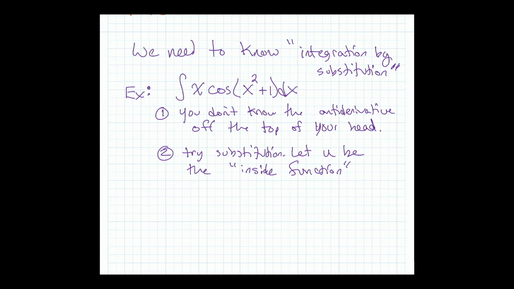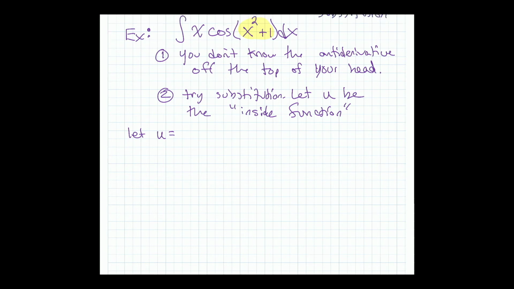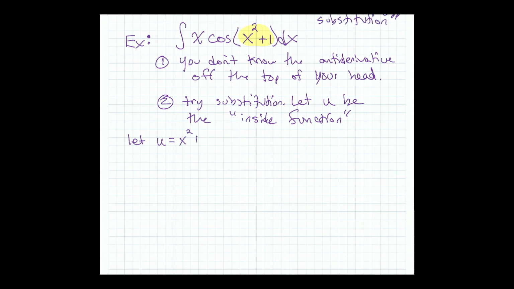If you look at what we have here, you should realize that this part is inside of the cosine function. So that's your inside function. So when I say let u be the inside function, I mean let u be x squared plus 1. Okay? Now once you have that, you need to take the derivative of what you just wrote.